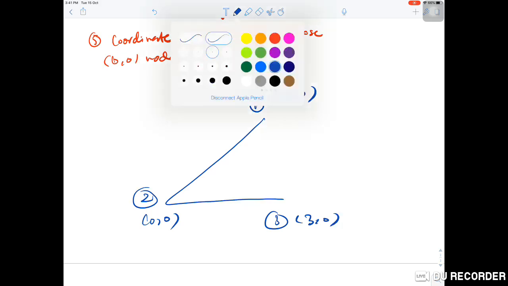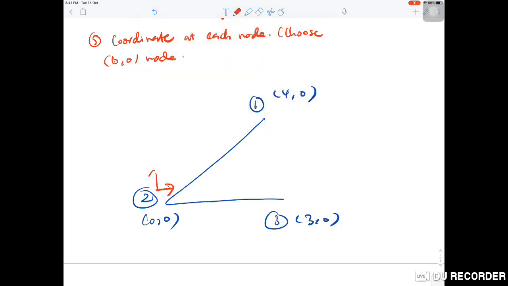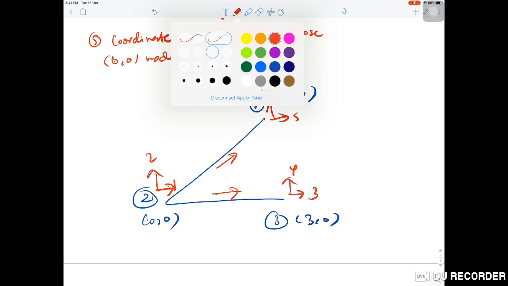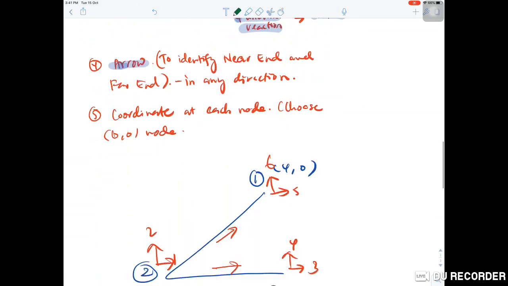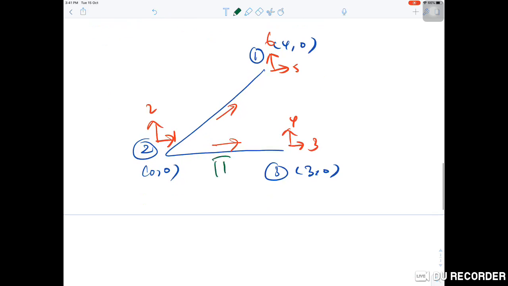For the degrees of freedom, we have here 1, 2, here is 3, 4, and node number 1 is 5, 6. And node number, element number, arrow, and element numbers 1 and 2.